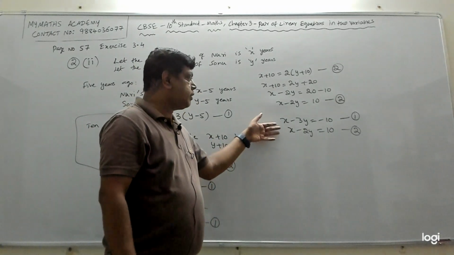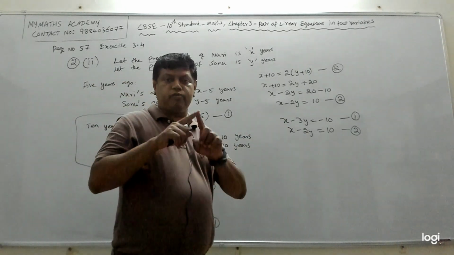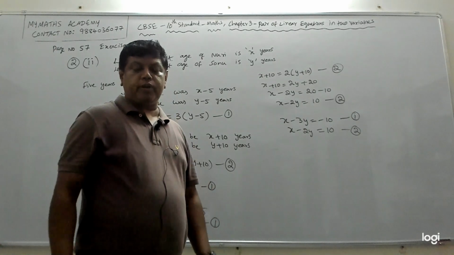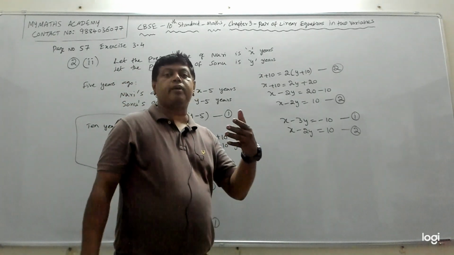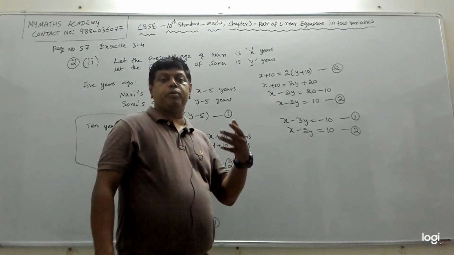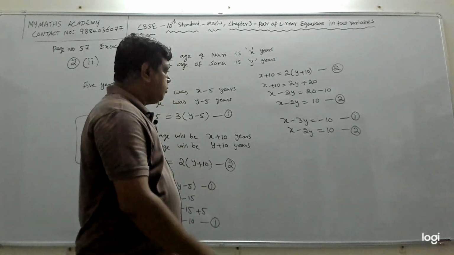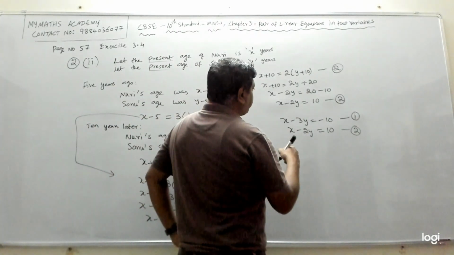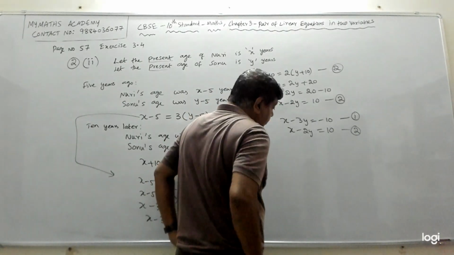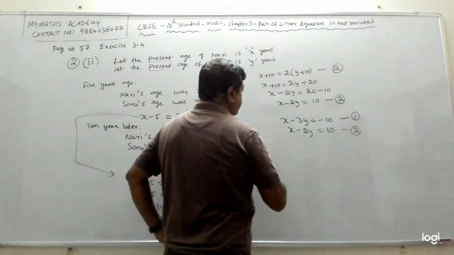Now let's check whether the solution exists or not. For that, we go to table 3.4 in your textbook, page number 46. We need to check the ratios A1 by A2, B1 by B2, C1 by C2. For that, we need to rewrite these equations in the general form.